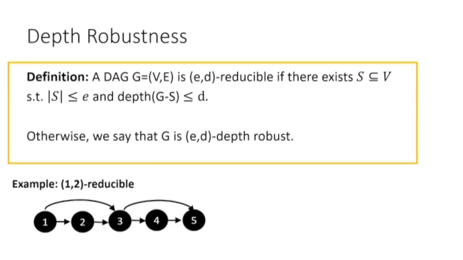So (1,2)-reducible means that I should be able to delete one node and the longest path remaining in the graph should be 2. All right, so can anyone tell me here how to show this graph is (1,2)-reducible? So I have to find one node to delete to reduce the depth of this graph to 2.